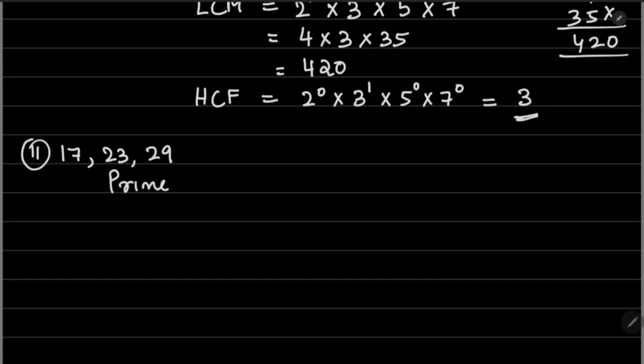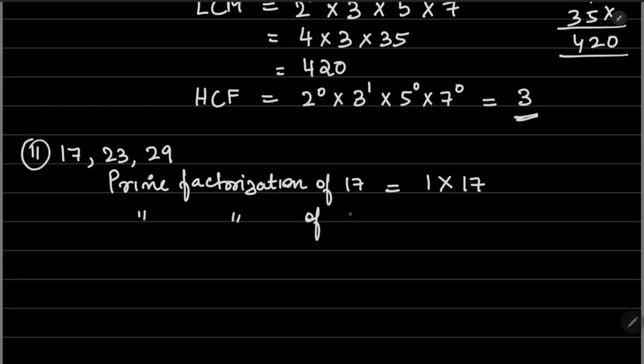The prime factorization of 17: it is a prime number, so you will write 1 into 17. The prime factorization of 23 is also a prime number, so 1 into 23. The prime factorization of 29 is also 1 into 29.